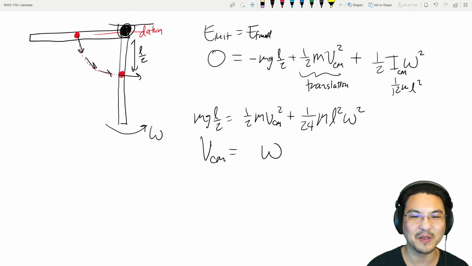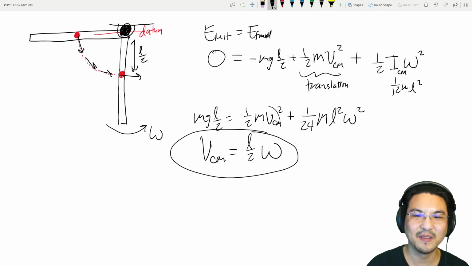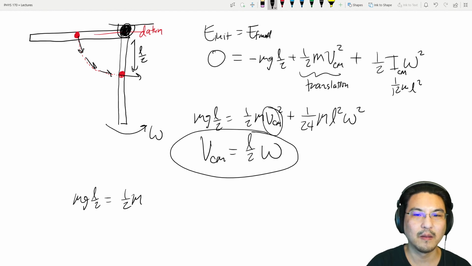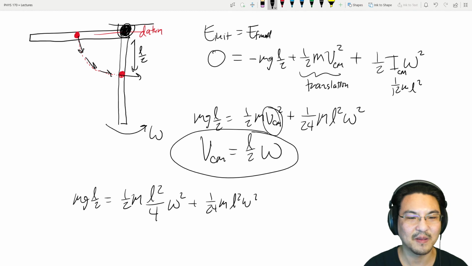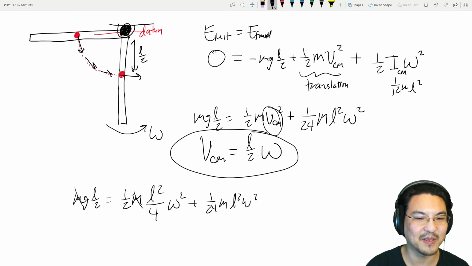Okay, so I'll just write L over 2. So we can substitute this here. So let me do that. So that squared, L squared over 4 omega squared. Okay, so things cancel, mass cancels everywhere.